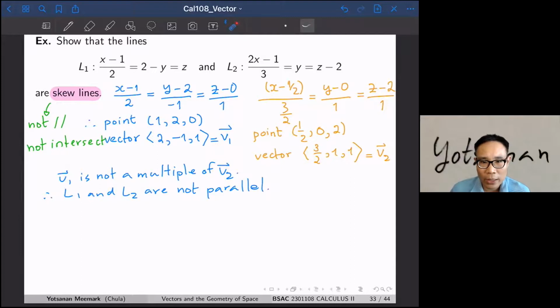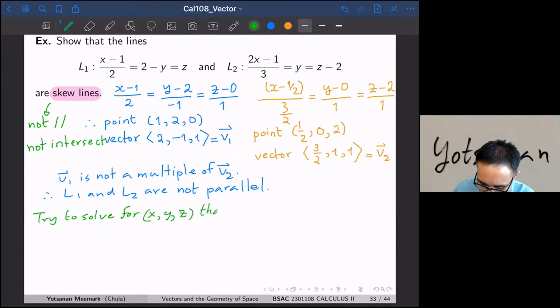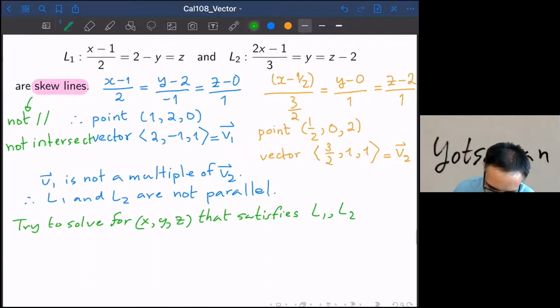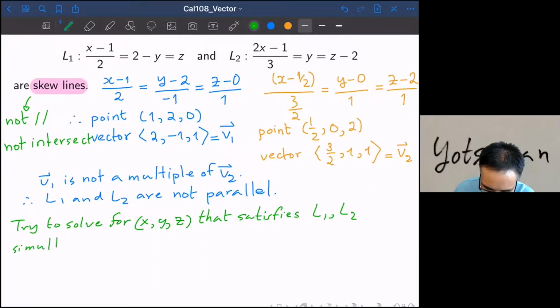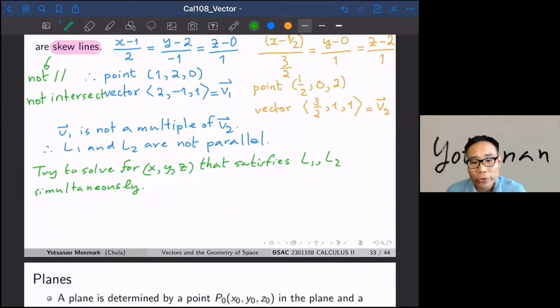To show that they do not intersect, we try to solve for x, y, and z simultaneously that satisfy L1 and L2.